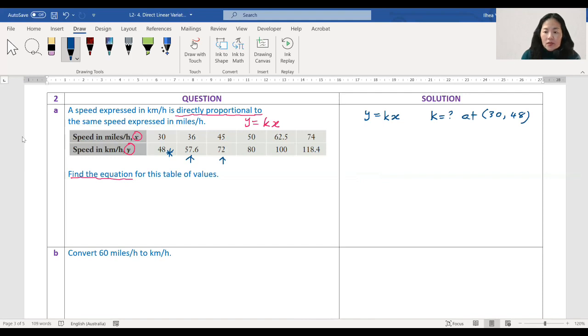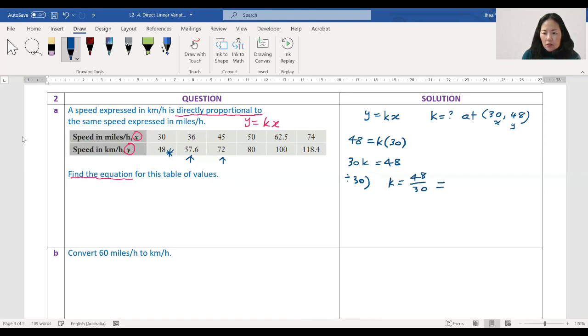So this is my x, this is y. I don't really have to think about this one because it's x and y already. 48 equals k, I don't know, x is 30. So I'll go 30k equals 48, and I'm going to divide by 30 on both sides. It'll be 48 divided by 30.